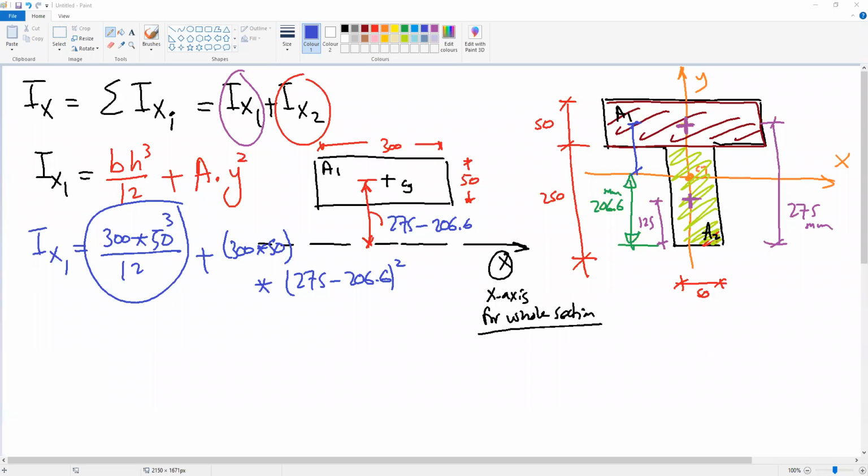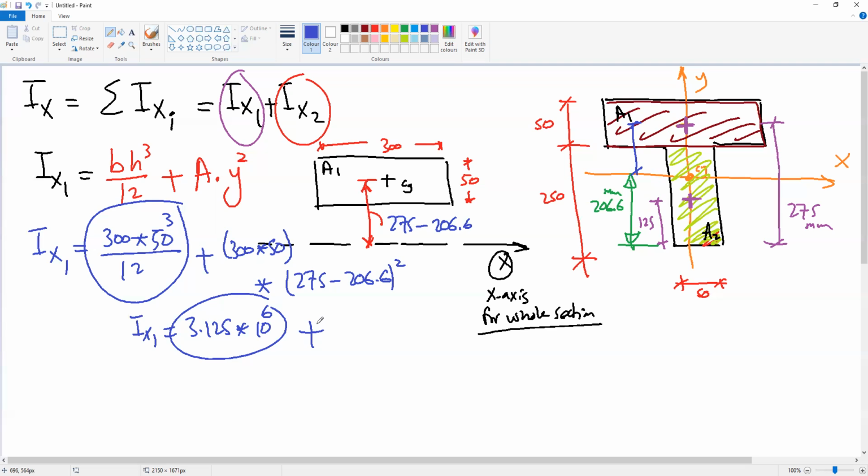Okay, sorry guys. So now the calculation will be 300 times 50 cubed divided by 12. So Ix1 will be 3.125 times 10 to the power 6. This is the first term, plus 300 times 50 times 275 minus 206.6 squared.